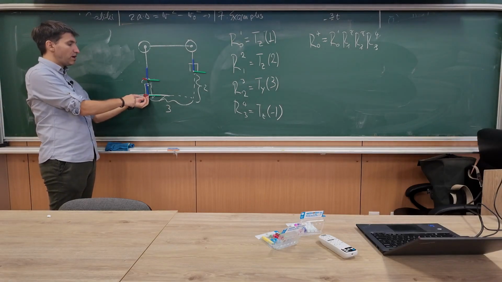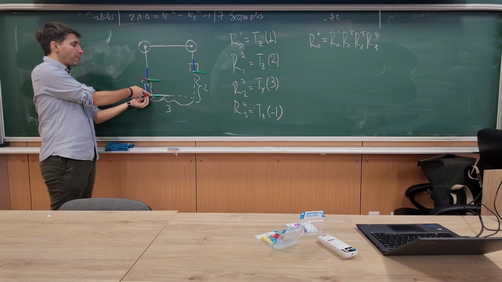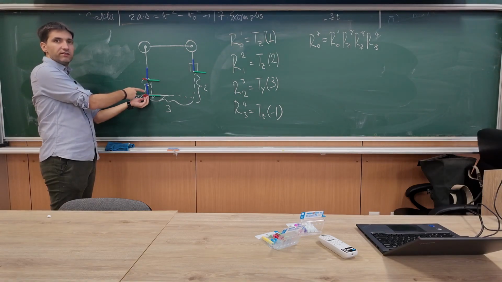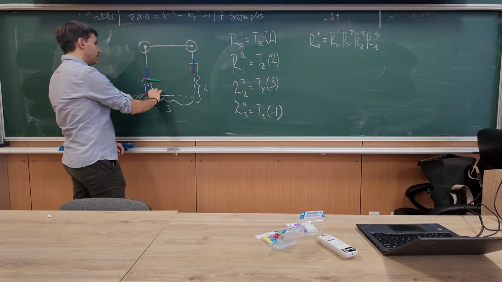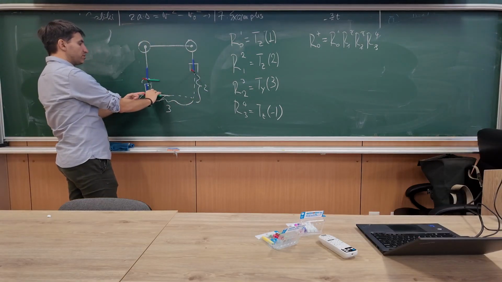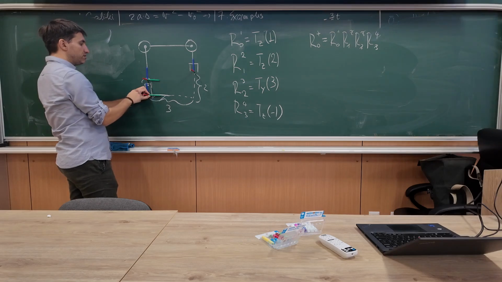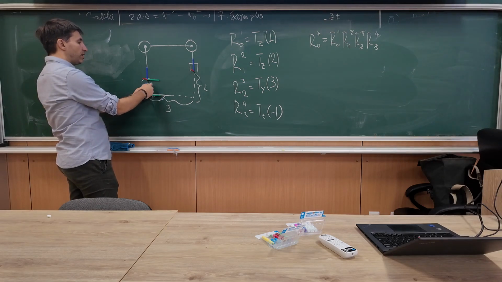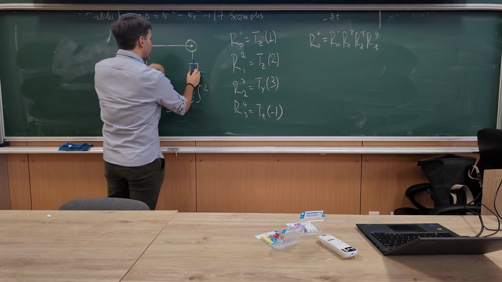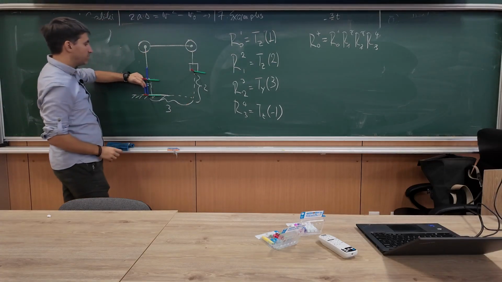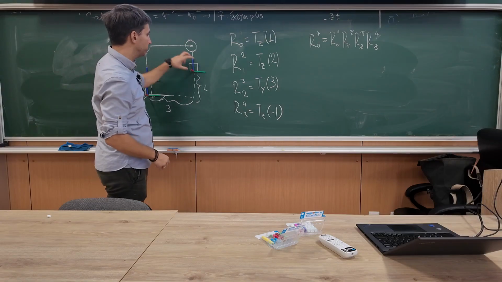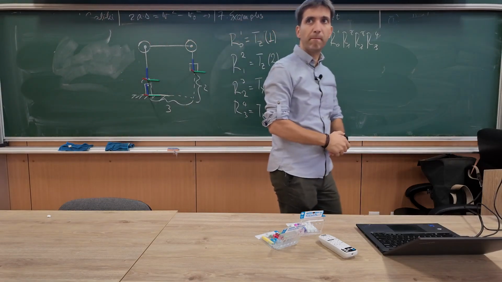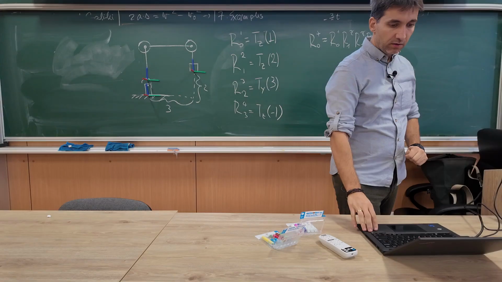It has 1 on x, 0 on y, 0 on z, that's why 1, 0, 0. The coordinates of y of frame 4 with respect to frame 0: 0 on x, 1 on y, 0 on z, and the same thing with z, 0, 0, 1, right? Okay? Good.